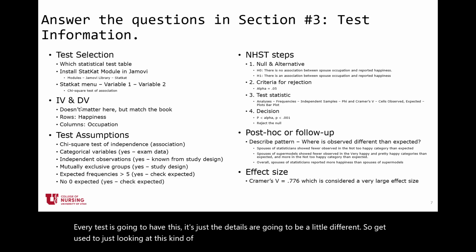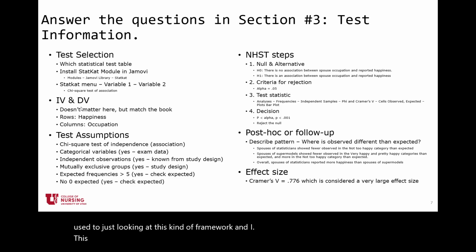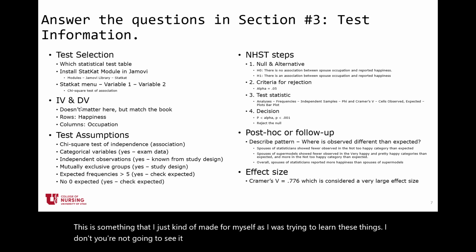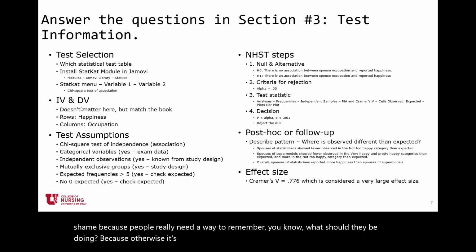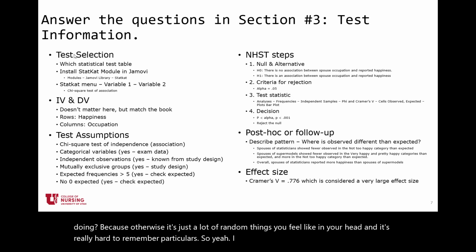This is something I made for myself as I was trying to learn these things. You're not going to see it put so concretely in books, and I think that's a bit of a shame, because people really need a way to remember what they should be doing. Otherwise it's just a lot of random things in your head, and it's really hard to remember particulars. So I thought let's make this standardized and follow along with it.